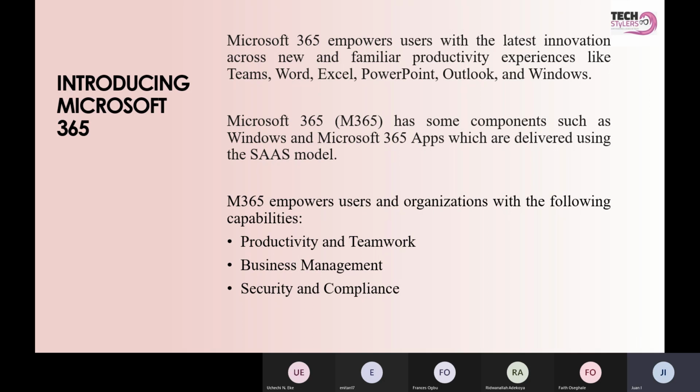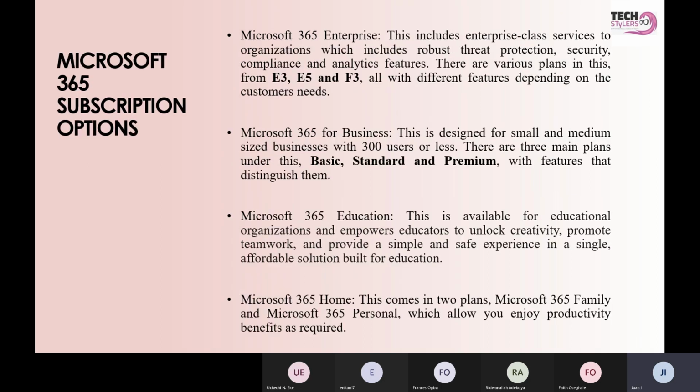Now, Microsoft 365 subscription options. There are various subscription options depending on the need, right? So we have Microsoft 365 for enterprise, which is used by, of course, enterprise organizations like your banks, even FMCG, like food organizations and all of that.